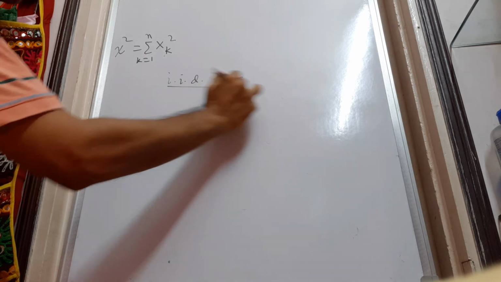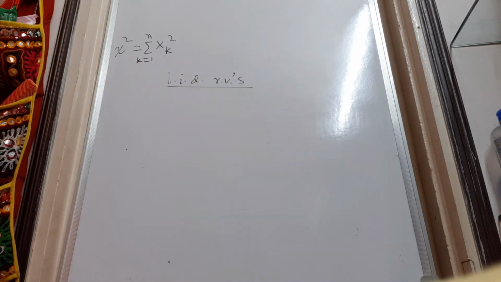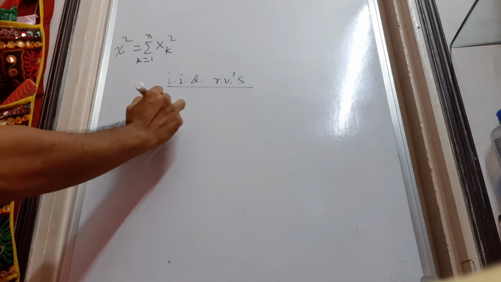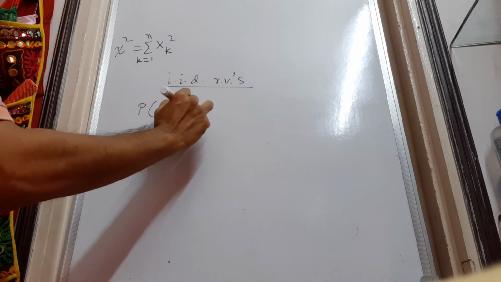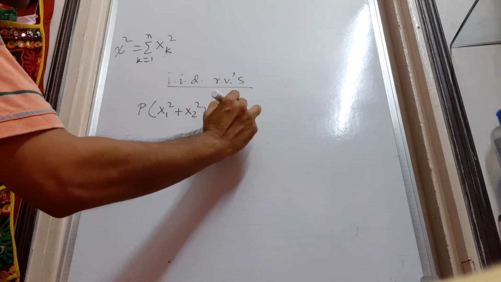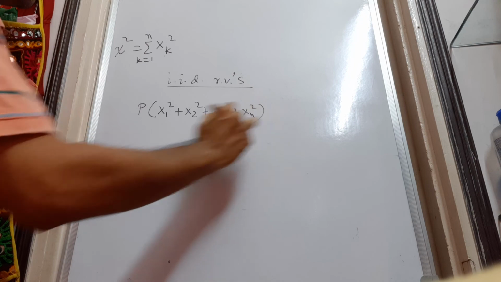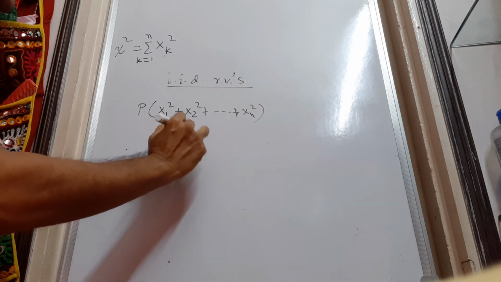This is very important, identically independently distributed RVs. So, the probability of x1 square plus x2 square plus dot dot dot xn square will be equal to this.